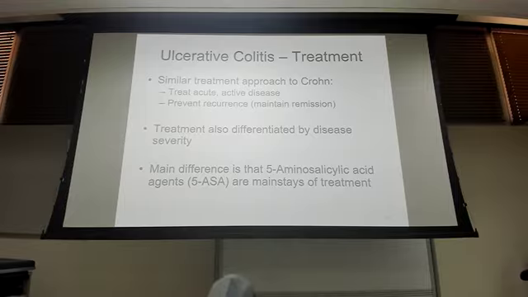The main difference you need to be aware of is the last bullet on that slide: the 5-ASAs are the mainstay. Remember when we talked about induction for our Crohn's patients, they were rarely used, those mesalamines. So the 5-ASAs are the mainstay in UC, unlike in Crohn's.